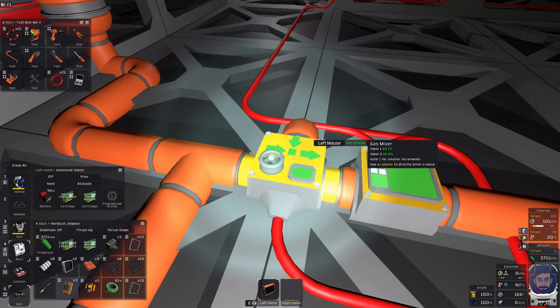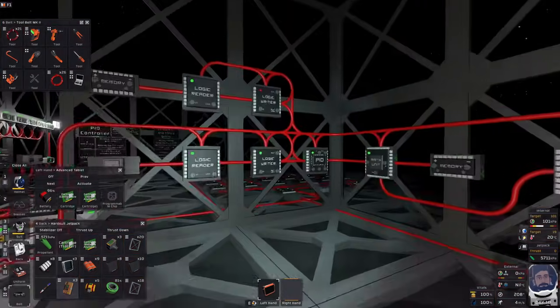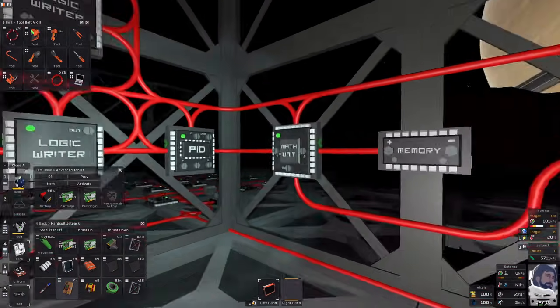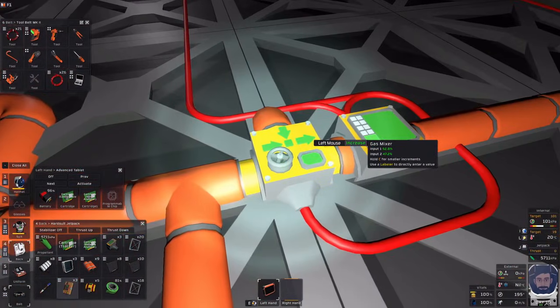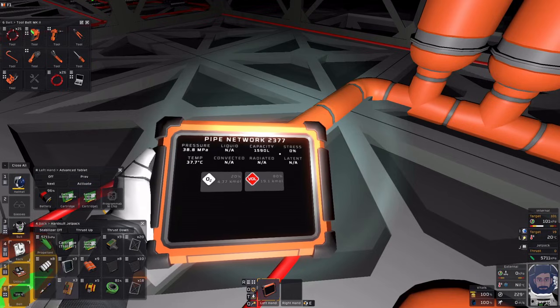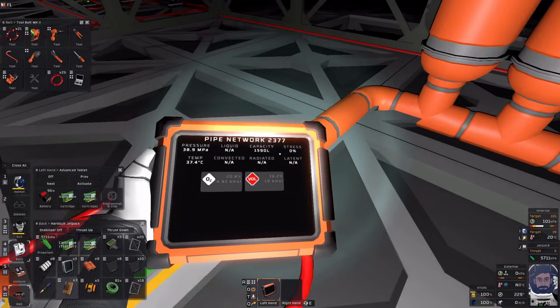Oh, but you see, now that we've gone past that, now that the oxygen is too rich, the PID is going to be trying to fix that to go back to more volatiles. That's kind of what the whole process of this PID is. Oh wait, it's still too, sorry, my bad.